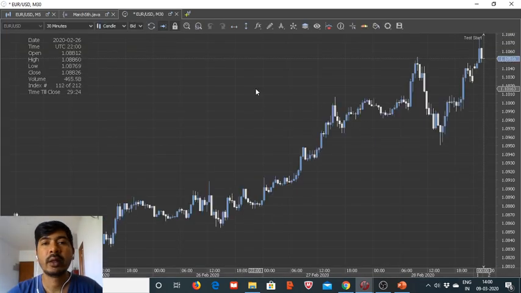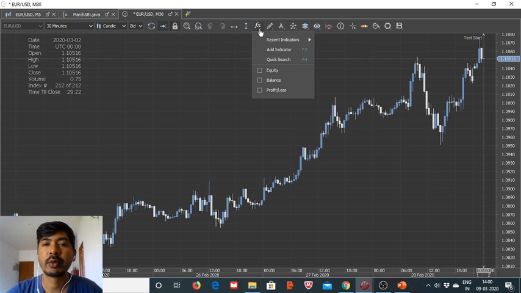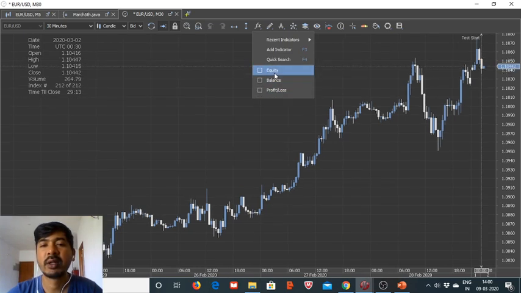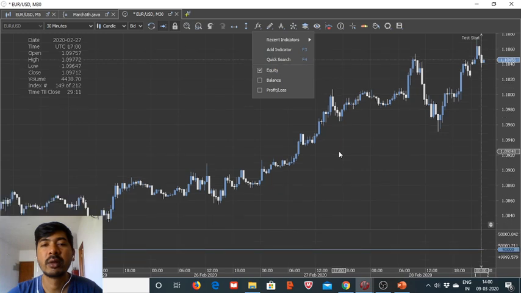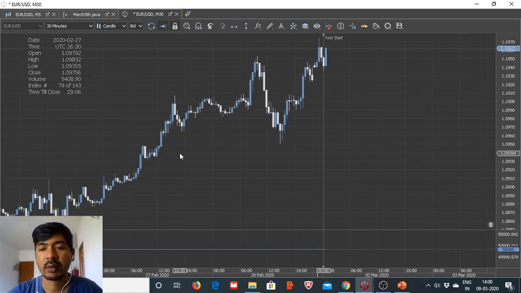Let's see if our algorithm executes the trade well or not, and if unfortunately it misfires, then we will need to do further optimization and see where we went wrong. This is the equity bar. So the test run has started, but as I said, it's pretty slow.